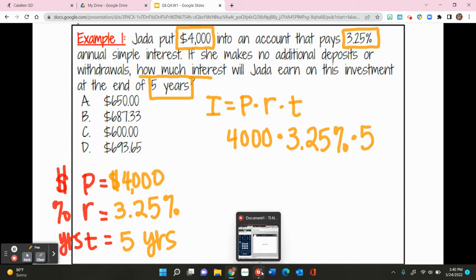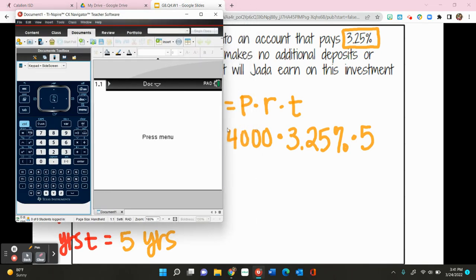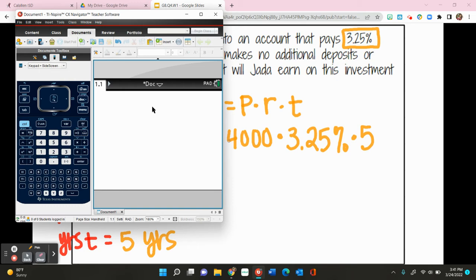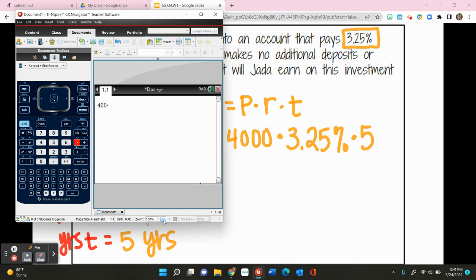Now you go over to your calculator, and we type this in as it appears. Open up a calculator window first. I start off with 4,000 times 3.25.